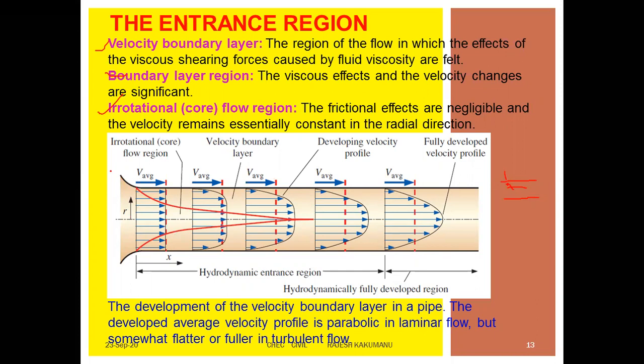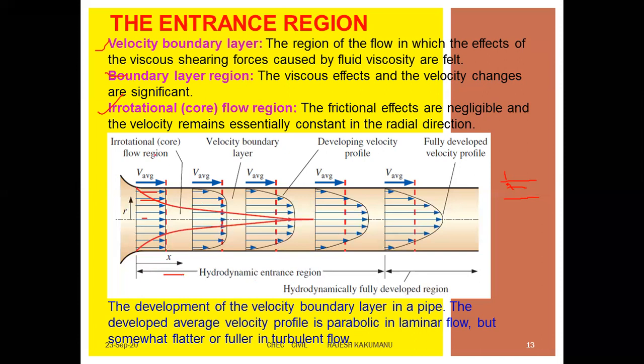Whenever the water is flowing, the average velocity at the initial stage, the arrows shown here are laminar, going along the pipe. The developed average velocity profiles are parabolic. So slowly, whatever the lines are passing in this direction, is the hydrodynamic entrance region.